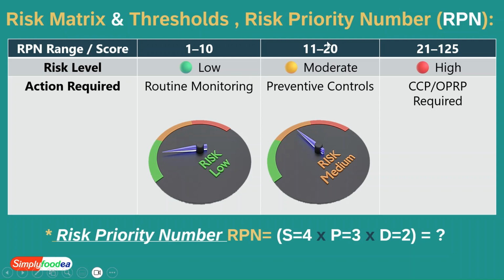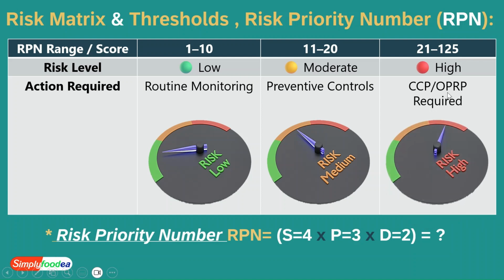The final thing: if the multiplication of the severity by the probability by the detection gives you a score from 21 to 125, it is a very high risk. So it will be controlled by either a CCP or an OPRP.